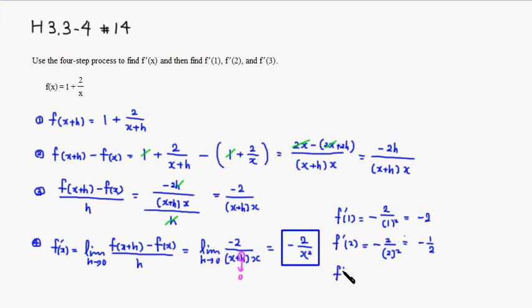And f prime of 3 is going to be negative 2 over 3 squared, which is negative 2 over 9. So those are the values of f prime of 1, f prime of 2, and f prime of 3. That's it. I hope that this was clear.